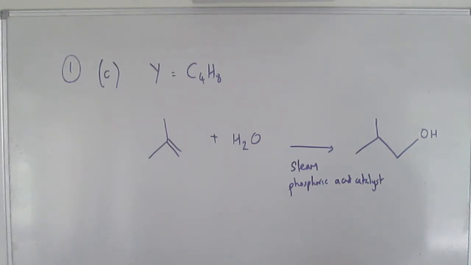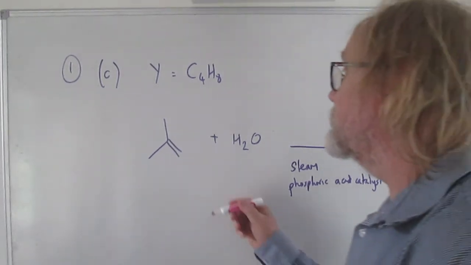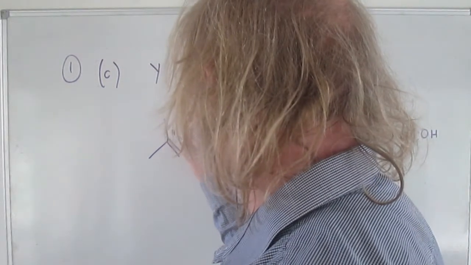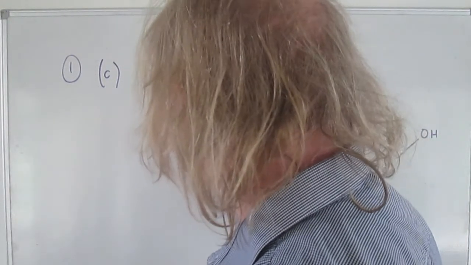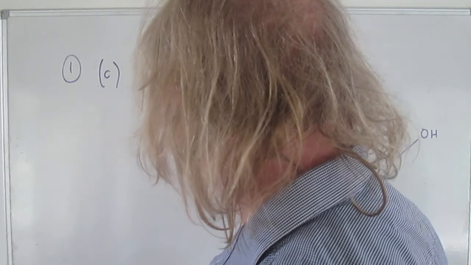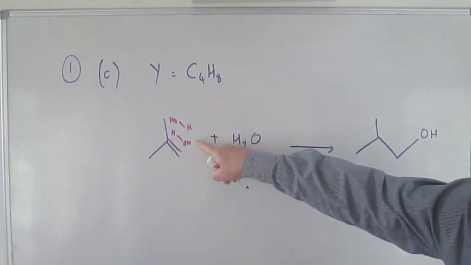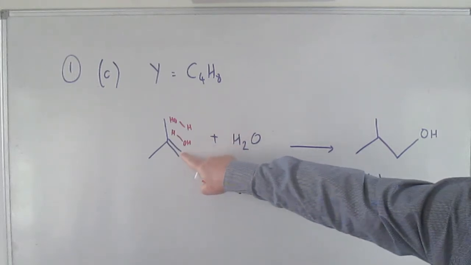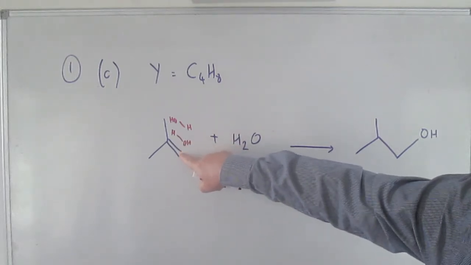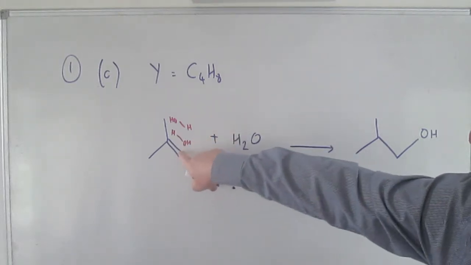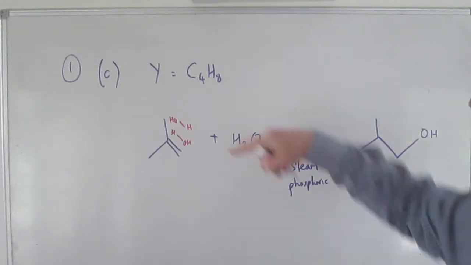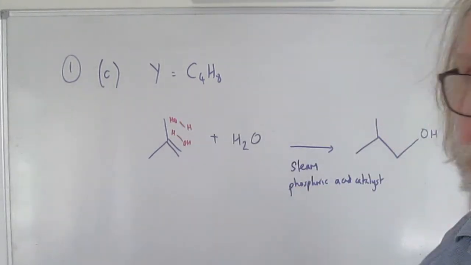You may have thought, yeah, but that's not going to work very well, because remember, when you add steam across that double bond, it could add either way round, like that, and the product we want would be formed via a primary carbocation, because you'd have to have the positive charge there in order to get the OH minus to join onto it to make that, whereas the alternative would be a tertiary one.